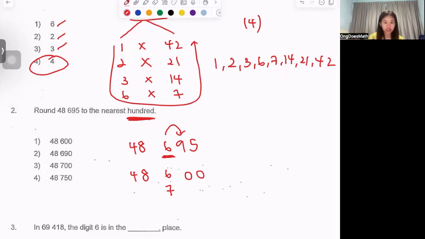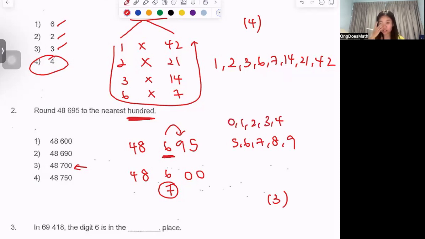If you see a large number like 9, will you round down or round up? You're right, you will round up. That's why the answer is 48700, and the answer is option 3. What is considered a very large neighbor? It's numbers like 5, 6, 7, 8, and 9. Neighbors that are considered small are 0, 1, 2, 3, and 4.